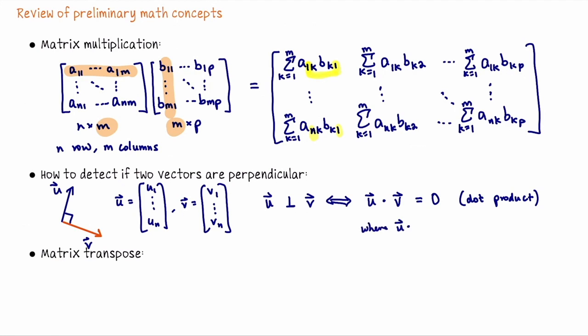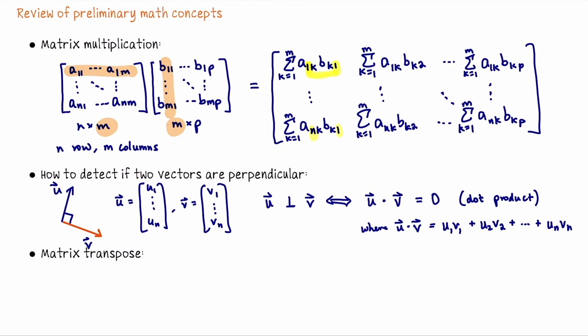So u dot v is the sum of their pairwise products. So that's u1 v1 plus u2 v2 all the way through un vn. So that's always going to give you a number, and if and only if that number is 0, can you say that those two vectors are perpendicular.